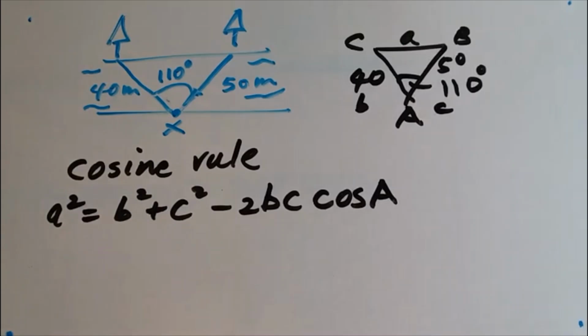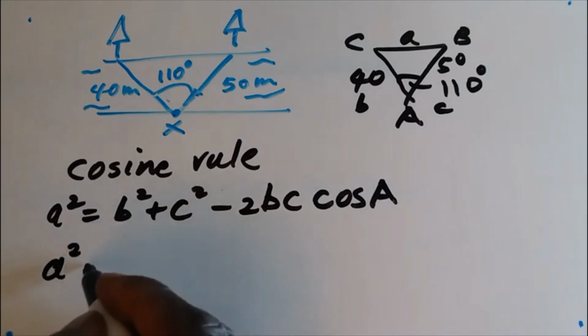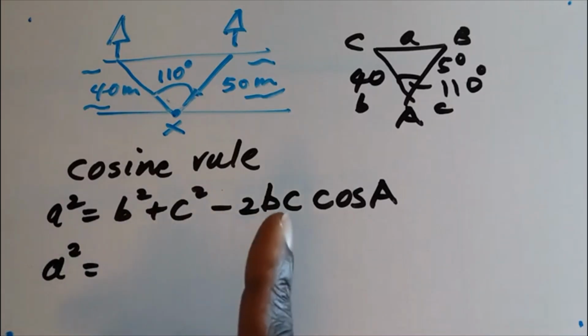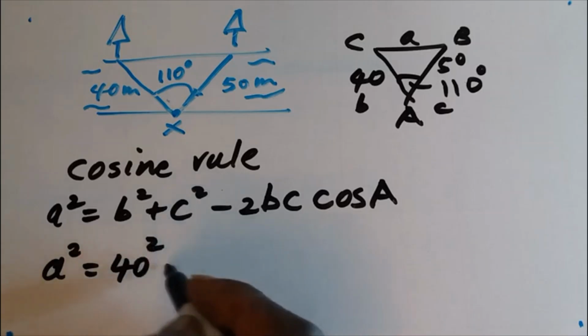So we'll just substitute our values in this cosine rule. So we have a squared, which is the unknown side. That's equal to b squared. So b squared, we have b as 40, so that's 40 squared.